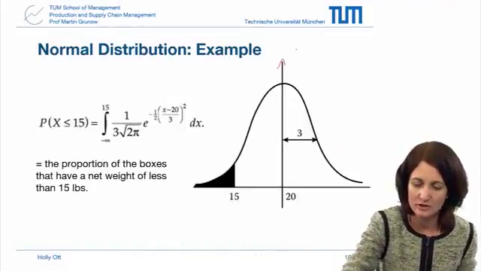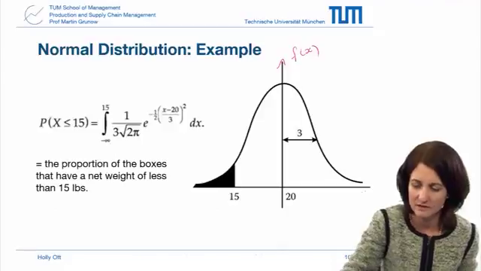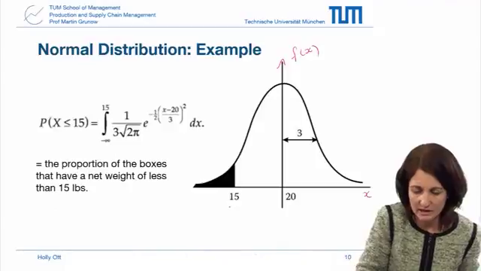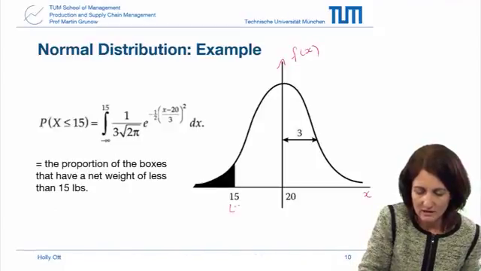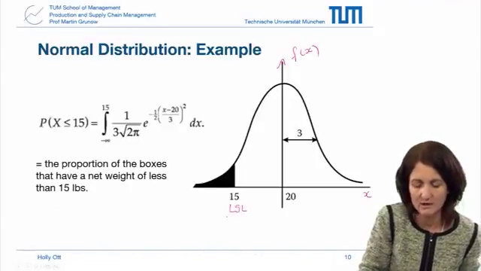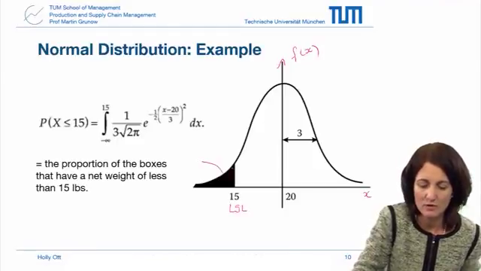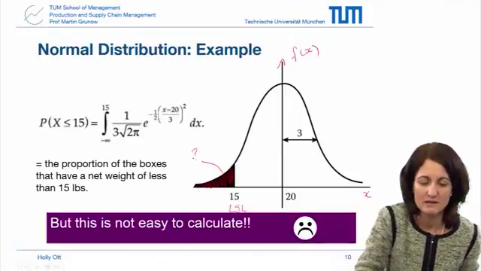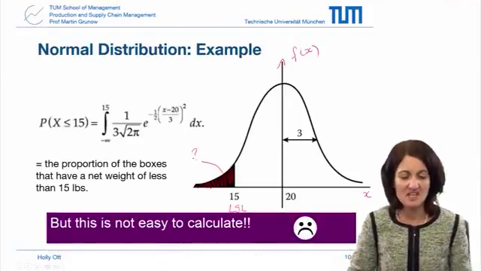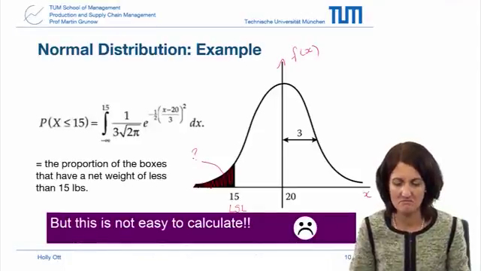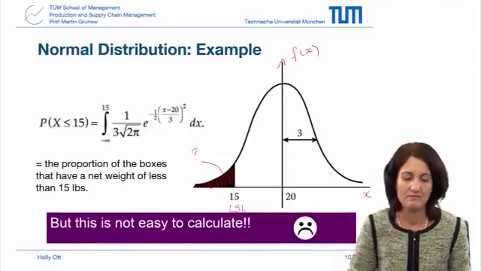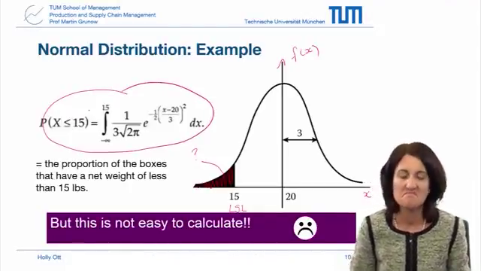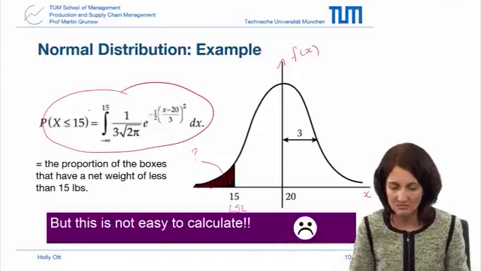Here's our normal distribution function, f of x. Here's x, our nails. Here's our lower spec limit. We're interested in what proportion of our population is below the spec. But this is not easy to calculate. We have to perform this integral, this complicated function. What are we going to do?